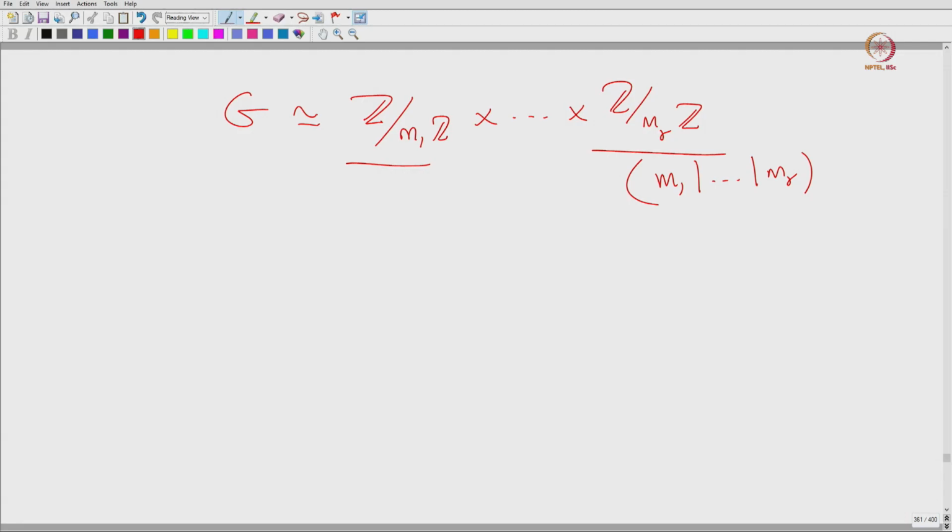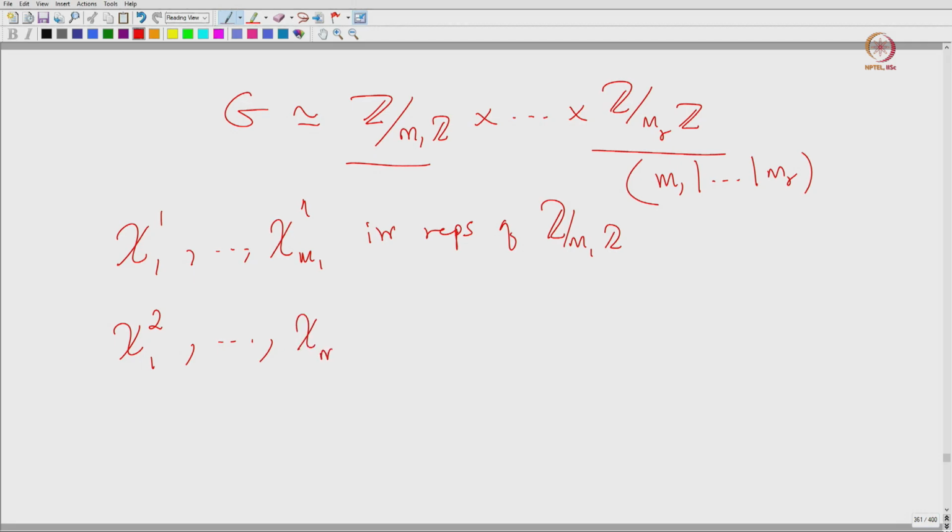So we can actually list, for example, chi 1 1 and so on up to chi m1 1. Let us say these are the irreducible representations of Z modulo m1 Z, and then chi 1 2 and so on up to chi m2 2 are irreducible representations of Z modulo m2 Z, and so on.